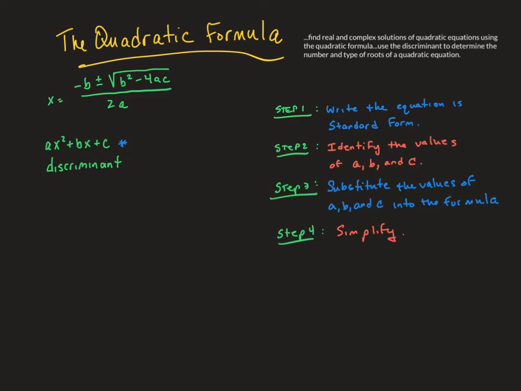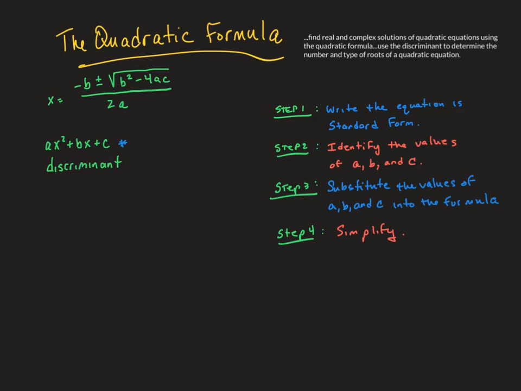In practice, there's 4 steps. Step 1 is that we need to write the equation in standard form, so that we get the right sign and quantity of the a, b, and c. Step 2, we identify the values of a, b, and c. a is the coefficient of the x squared term, b is the coefficient of the x term, and c is going to be your constant.